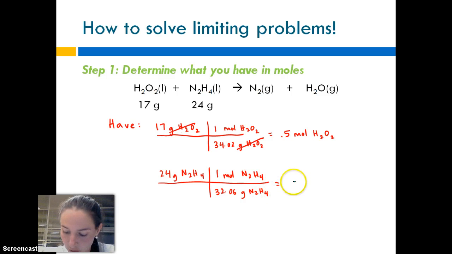And when you do the division, you get 0.75 moles of N2H4. So this is the amount of moles that I have. That's step 1. So in this case, remember, we had to convert to actually find this information.